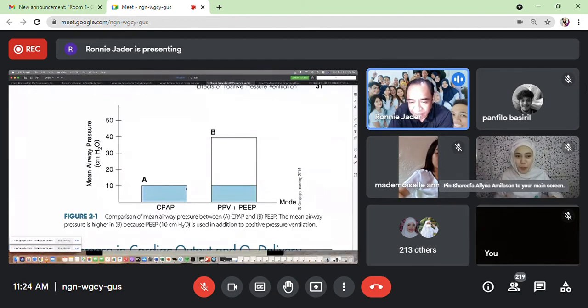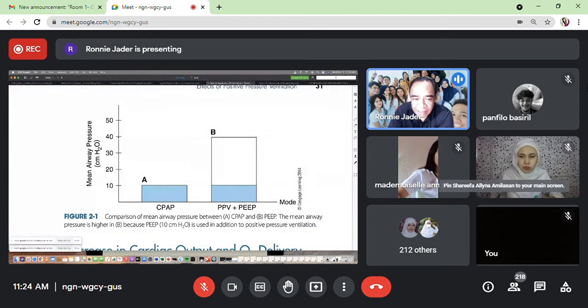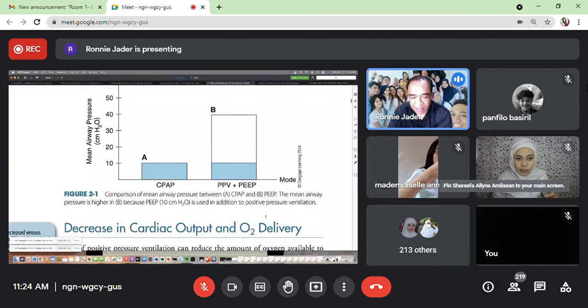Kaya lang yung PEEP, dahil mechanical ventilator nga siya, mas mataas yung pressure niya. Kasi meron kang peak inspiratory pressure, yung letter B, no? So, ang peak inspiratory pressure niya ay 40 kasi meron siyang PEEP of 10. So, nag-umpisa siya ng 10 plus 30, 40 ang bilang niya. Mas mataas siya compared dun sa CPAP na spontaneously breathing.